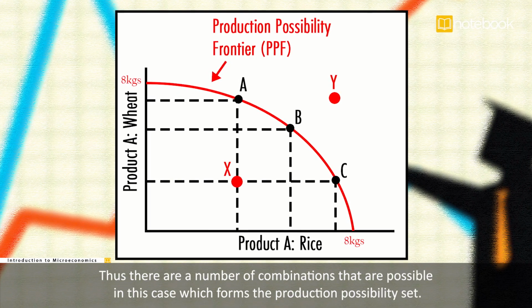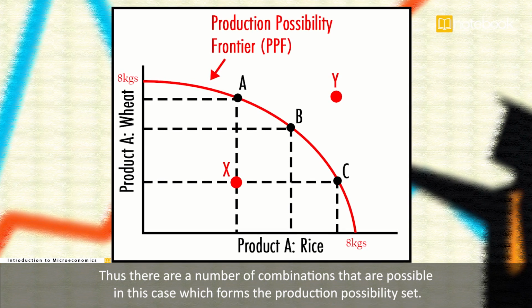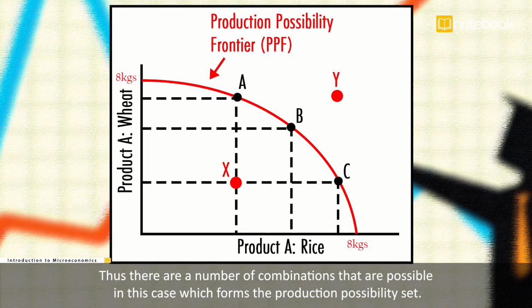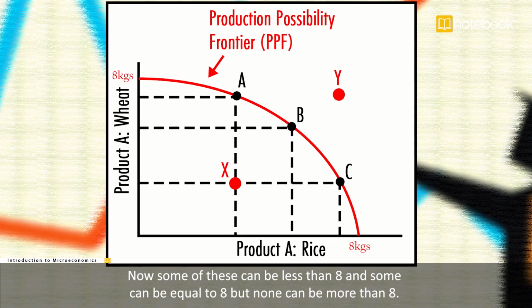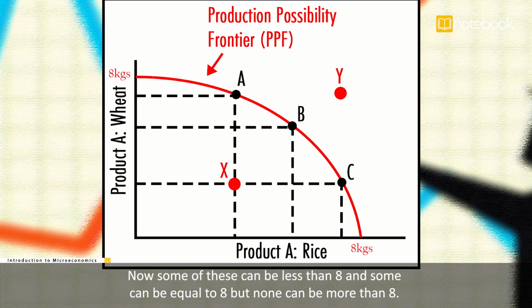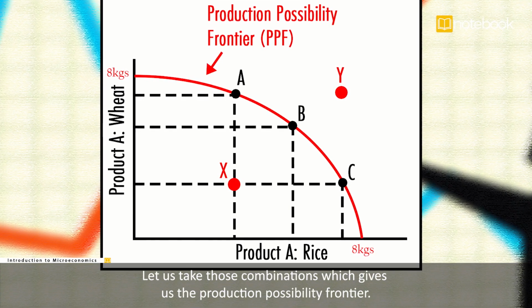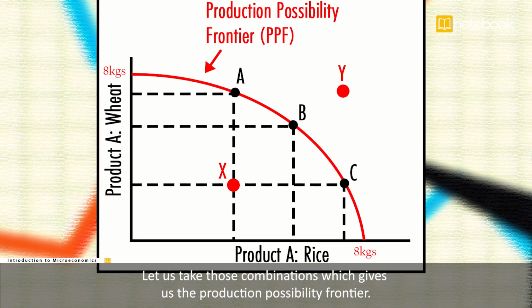Thus, there are a number of combinations that are possible in this case, which forms the production possibility set. Now, some of these can be less than 8, and some can be equal to 8, but none can be more than 8. Let us take those combinations which give us the production possibility frontier.